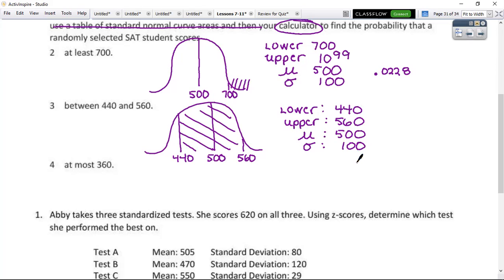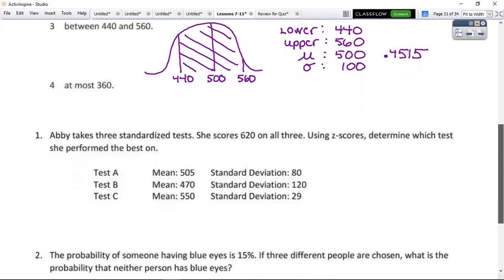So that's going to get placed right in your calculator again. So normal CDF. So 440, 560. And this is a greater probability because it represents a larger area under your curve. And I got 0.4515. Okay. Questions on that, or is it getting better?